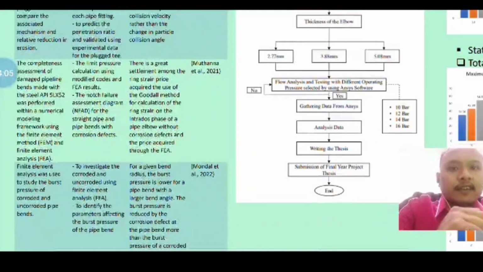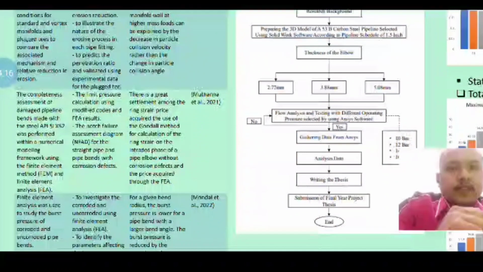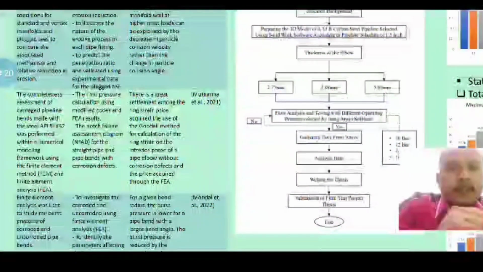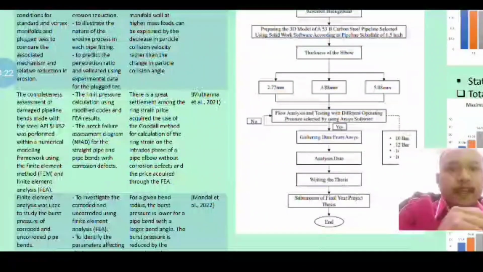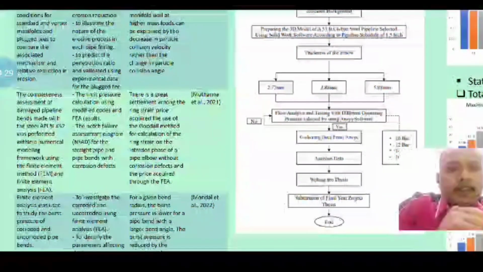Then the second article is from Mutana in 2021. The method used is a completeness assessment of damaged pipeline bends made with steel API 5L X52, performed with a numerical modeling framework using the finite element method and finite element analysis.